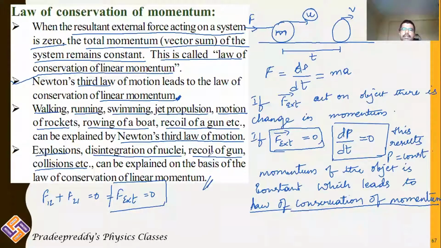If Newton's third law is valid, then conservation of momentum is also valid in that situation. If you are unable to explain anything based on Newton's third law, then you can go to conservation of linear momentum. Conservation of linear momentum is valid throughout the universe. When there is no external force acting on the object, the momentum of the system will always be constant. It's a very important concept.